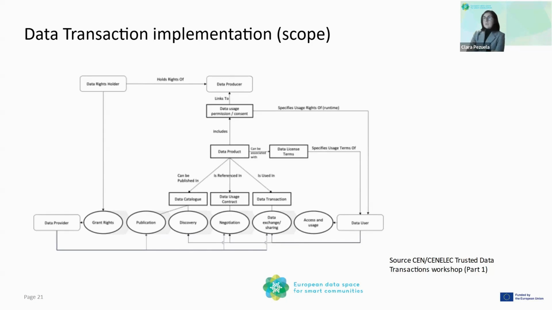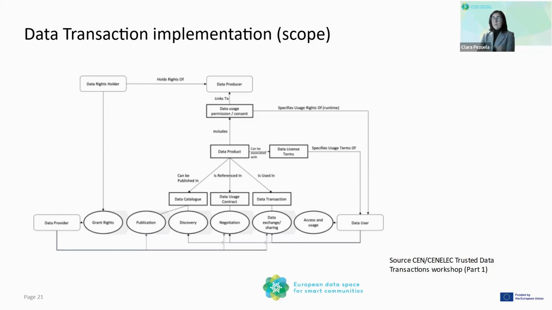I brought here first the scope of what they call data transaction, which, as you can see, has the data product at the core, as a central point of this transaction.